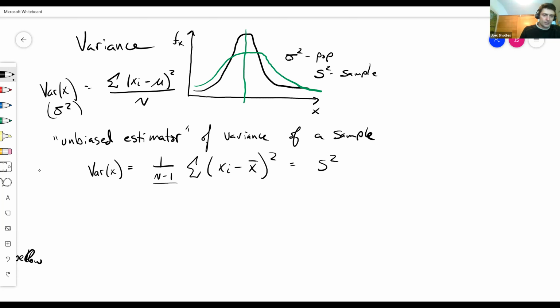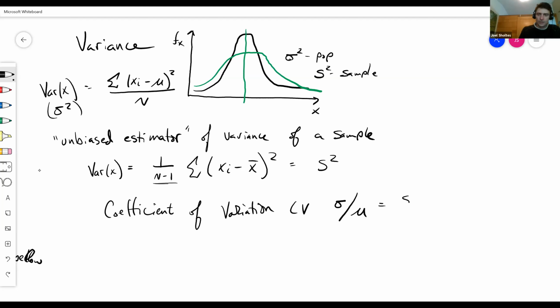We also learned about, in statistics, the coefficient of variation, or CV. And this is simply the standard deviation over the mean, or the sample standard deviation over the sample mean. And it's a normalized thing, and we can use this to compare the variance of different populations.